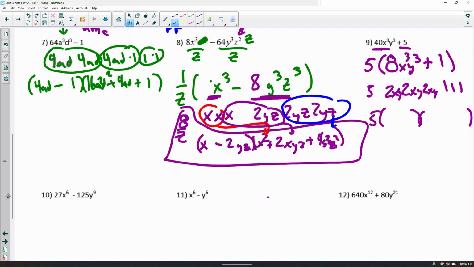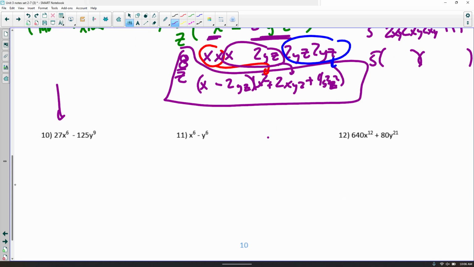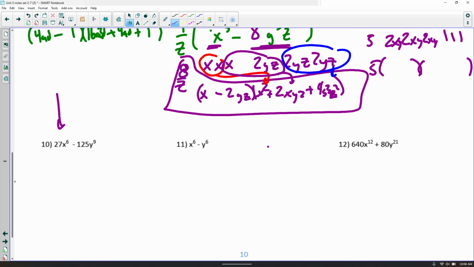Number 10. Anything common in 27 and 125? Or do you notice, what's 27, Mary Beth? And number 10? Yeah, it's 3.